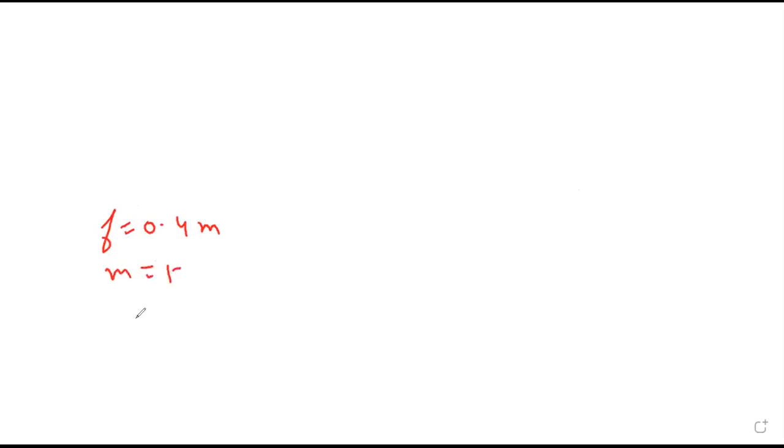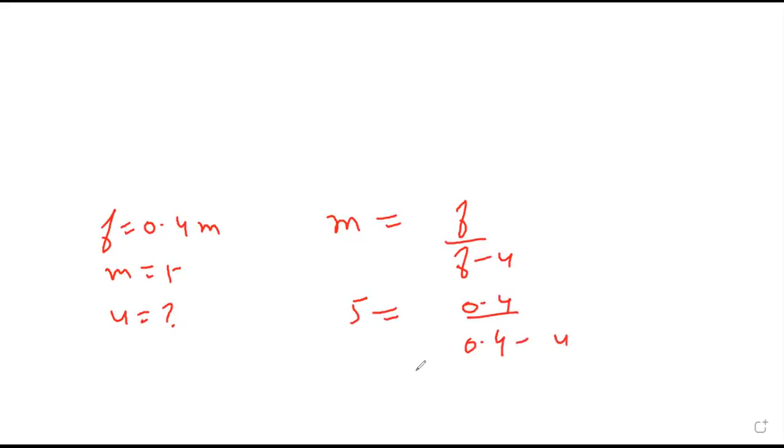So we can use the f upon f minus u formula. We'll use the direct method. We want the distance at which you hold the mirror, that means object distance. So we know linear magnification is also f upon f minus u. So 5 equals 0.4 upon 0.4 minus u, which will be 2 minus 5u equal to 0.4.